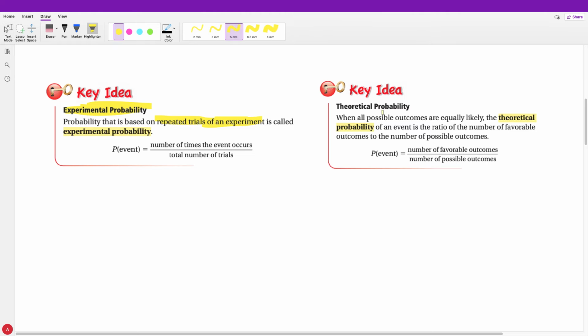Theoretical probability is when all possible outcomes are equally likely, meaning that our experiment isn't biased. Then the theoretical probability of an event is the ratio of the number of favorable outcomes to the number of possible outcomes.